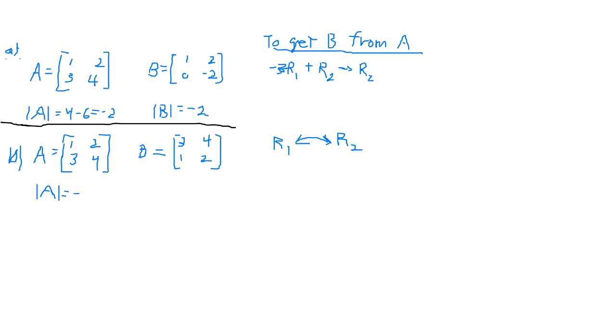But what's the determinant of B? Positive 2. Which incidentally is negative 1 times negative 2.